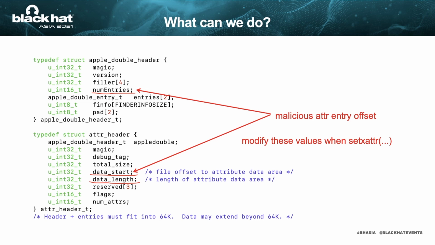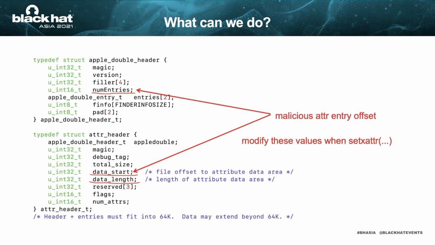This is the vulnerability I want to talk about, the vulnerability in extended attributes. We must take advantage of this corruption to do some useful things, such as arbitrary memory read and write, controlling PC registers, and so on.